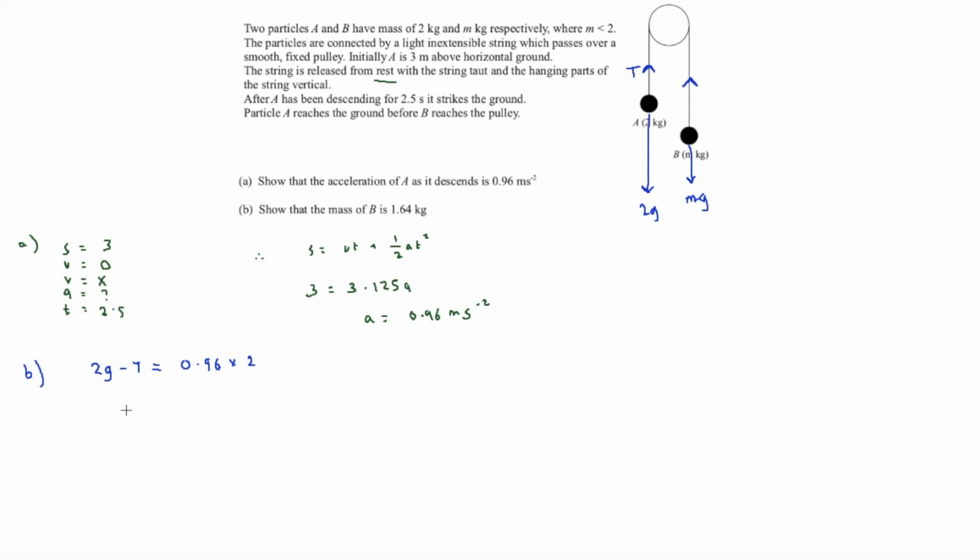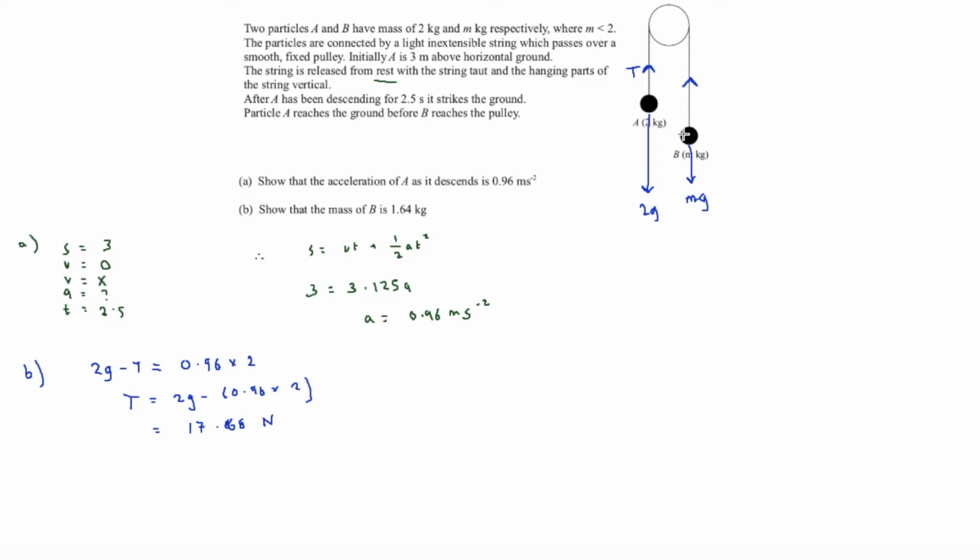So therefore, T is equal to 2g minus 0.96 times 2, which is equal to 17.68 newtons.